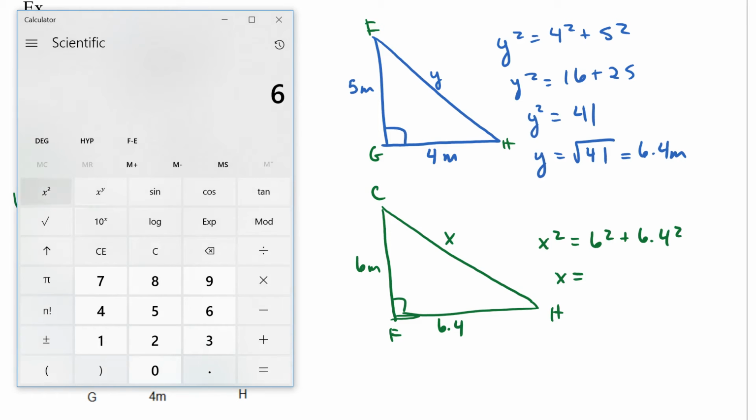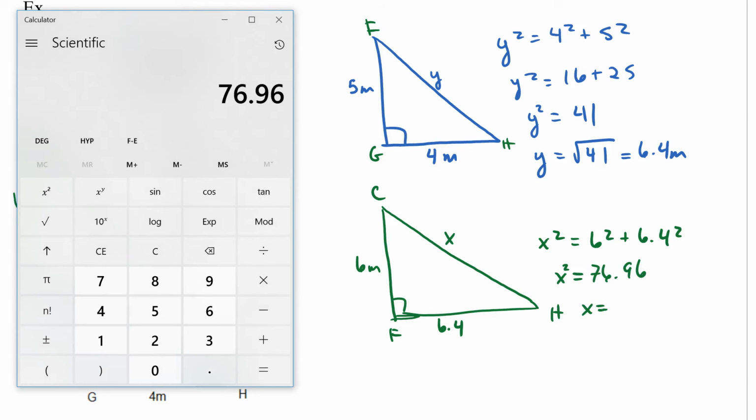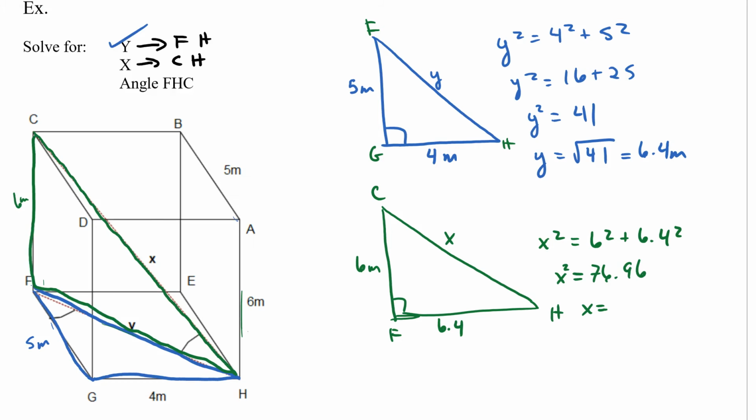So 6 squared, which is my 36, plus 6.4 squared, x squared equals 76.96. And if I take the square root of both sides, x equals, I'm just going to say 8.8 meters.